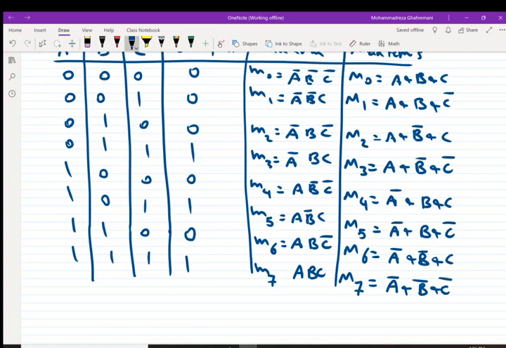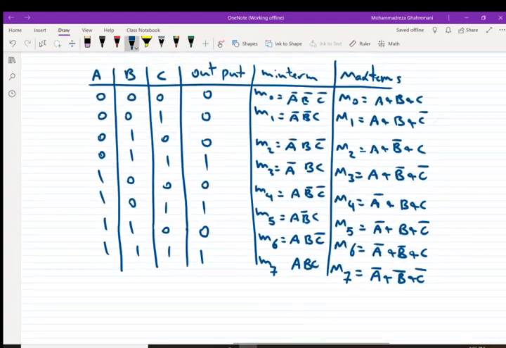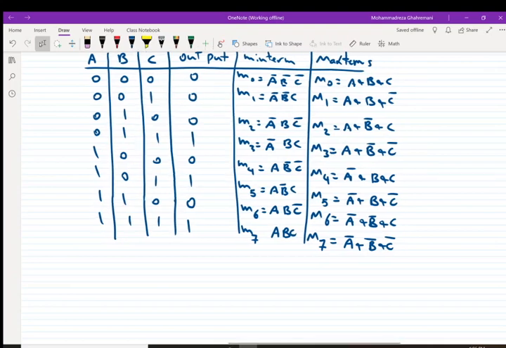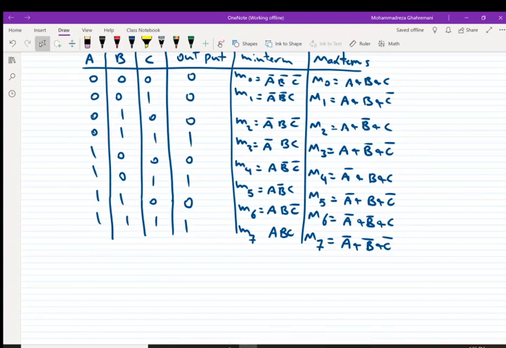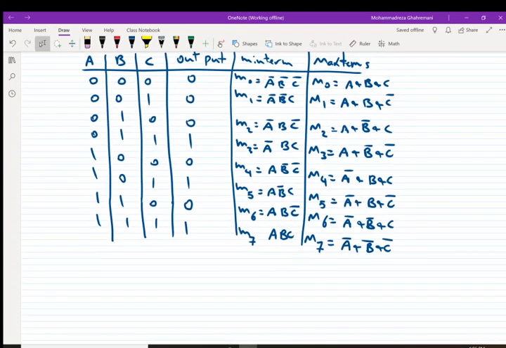Okay, we got to this point, and now it's time to write the functions. What we did so far, we wrote the truth table, and now we are supposed to write the sum of product.